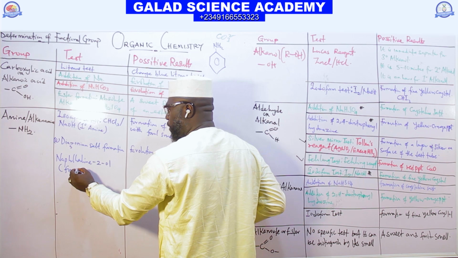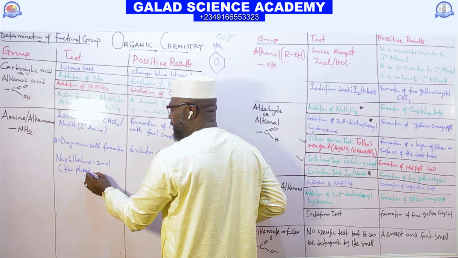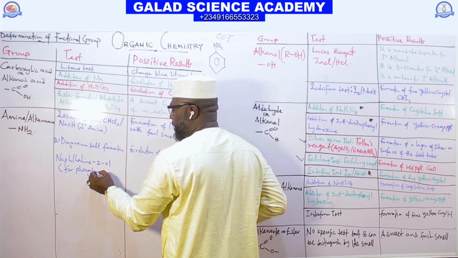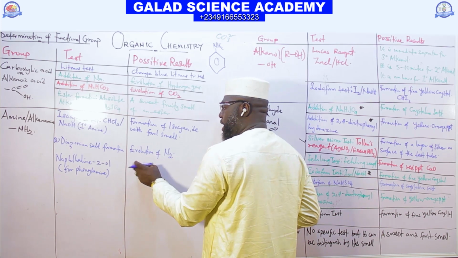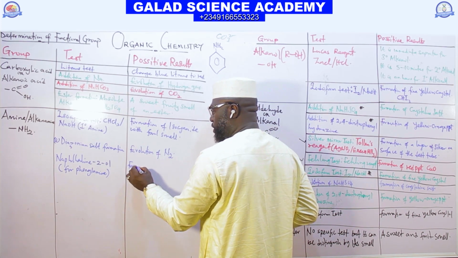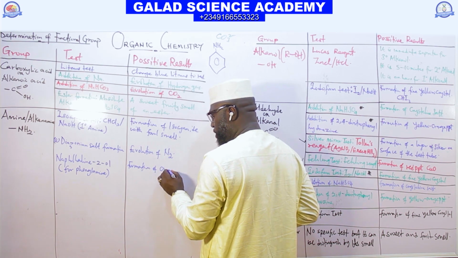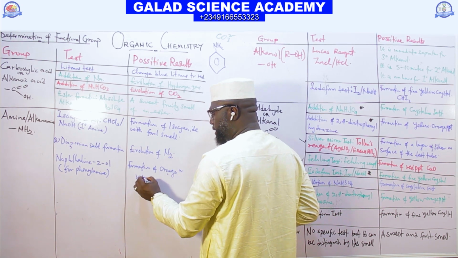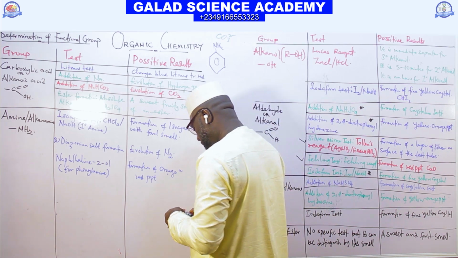This test is for phenylamine, and the result will be formation of an orange or red precipitate. That is for amine.